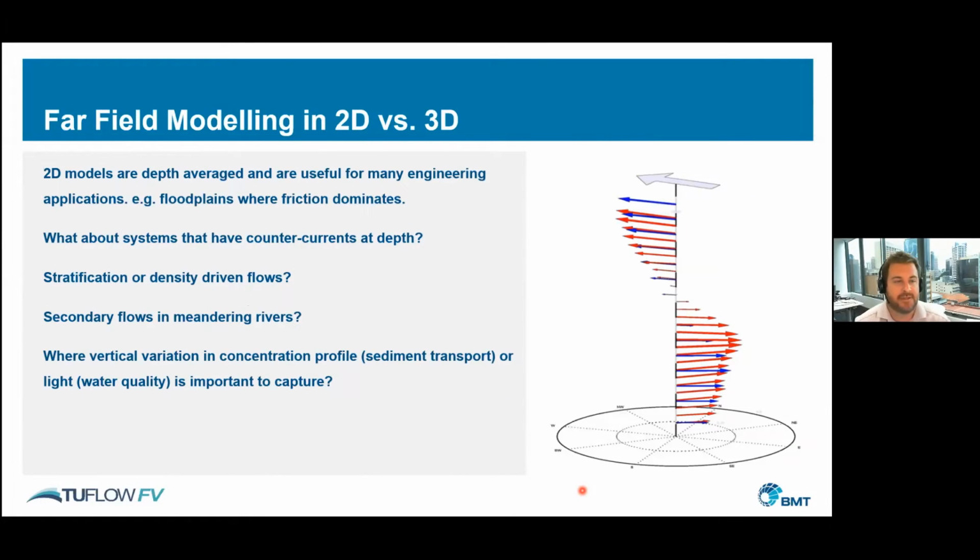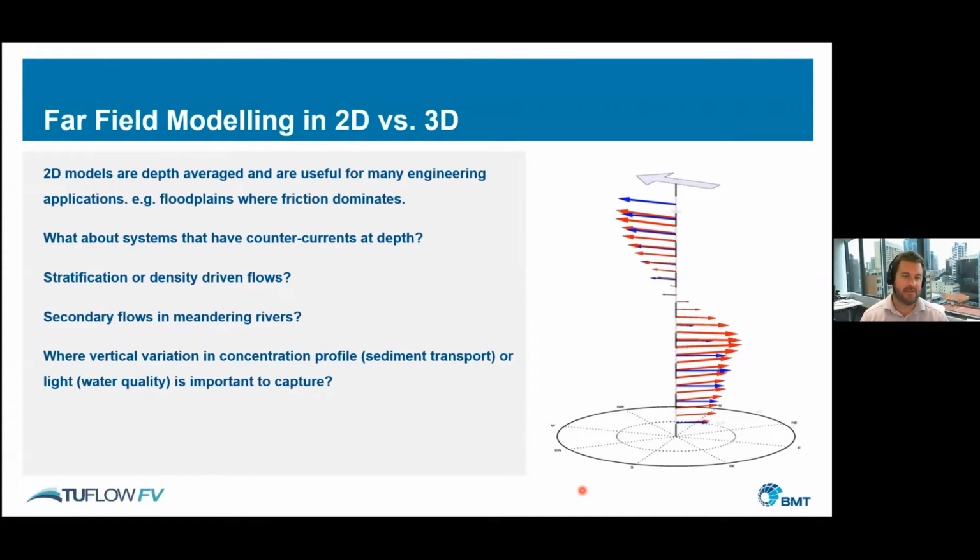So as Craig was alluding to earlier, 2D models are depth averaged, but they are really useful for a lot of engineering applications, and particularly floodplains where friction tends to dominate. But what about systems that don't really behave in this way? They don't have flows that go in one direction. They might have counter currents that occur at depth.